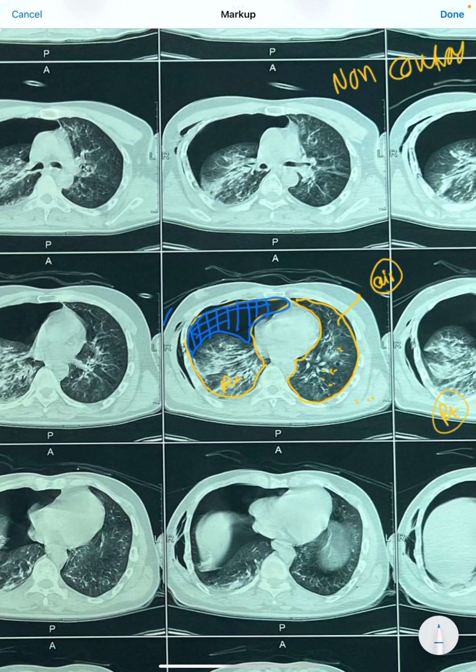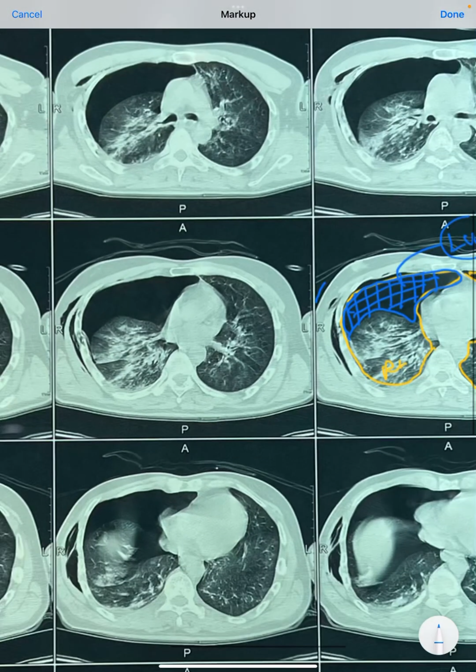Actually there should have been lung in this area, but the lung is not there, and there is a very dense black structure, and the most radiolucent, most black structure on X-ray is air.